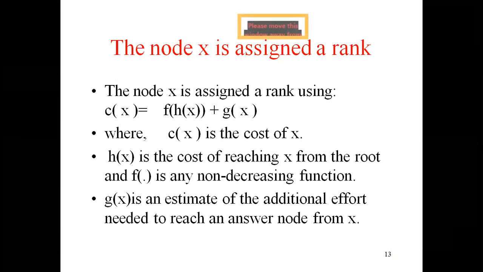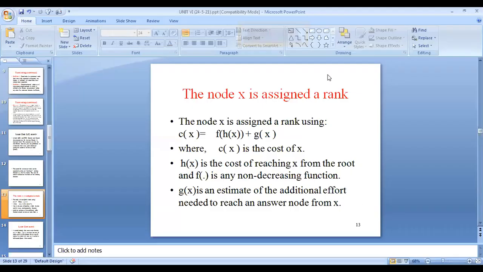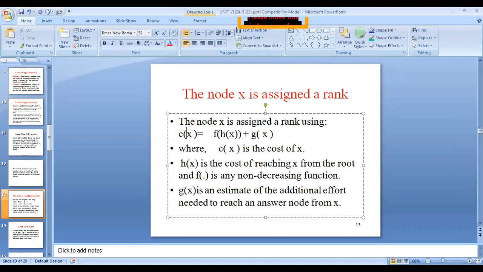Here g of x is an estimate. Now see, c of x is the cost of x.